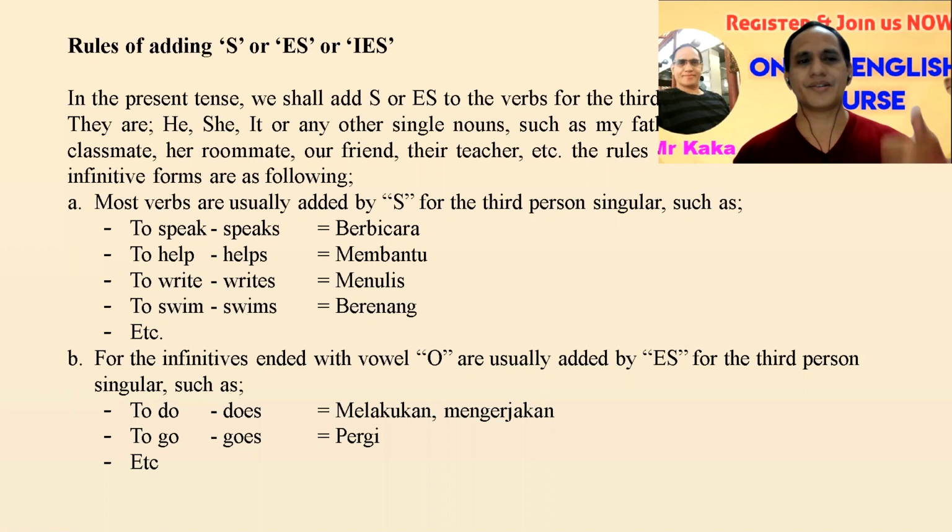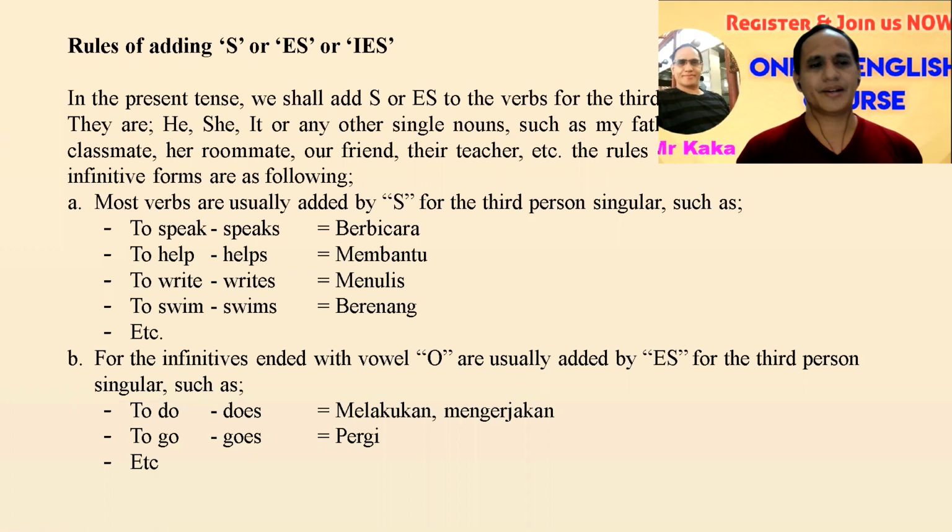They are he, she, it, or any other single noun, such as my father, your grandfather, his classmate, her roommate, our friend, their teacher, etc. The rules of adding s or es to the infinitive form of the verb are as follows.